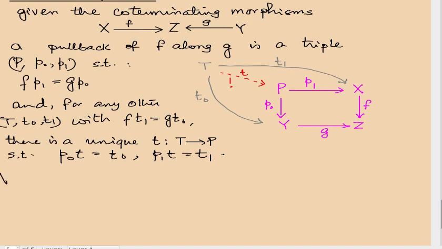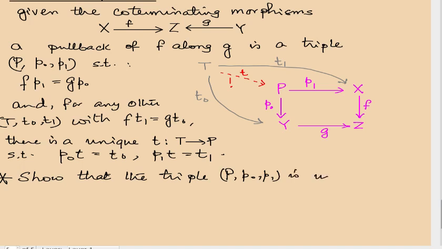Obviously, as usual, show that the triple P, P0, P1 is unique. So by this I mean unique up to a unique isomorphism.